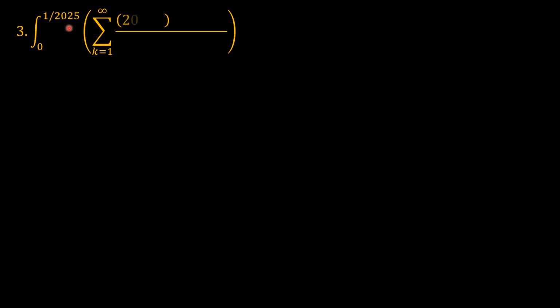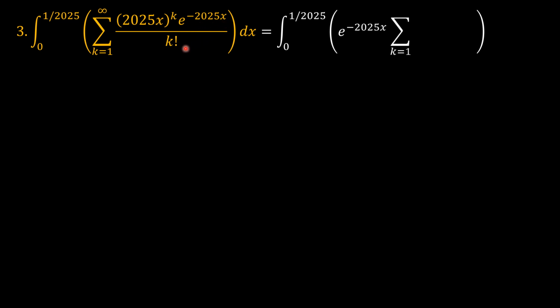Now, moving forward to problem number 3, the definite integral from x equals 0 to x equals 1 over 2025 of the summation from k equals 1 to k tending to infinity of 2025 x to the power k times e to the power negative 2025x over k factorial, means that we can pull out whatever is not really limited or restricted by the summation sign.